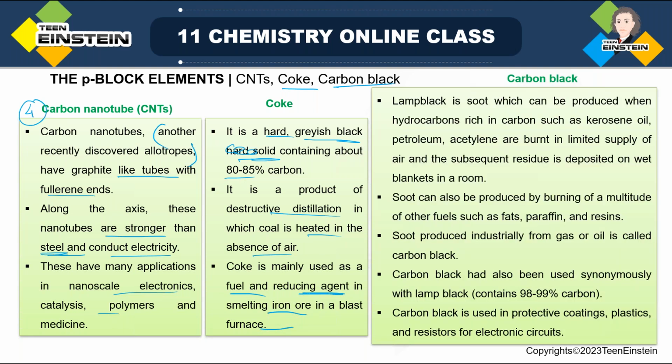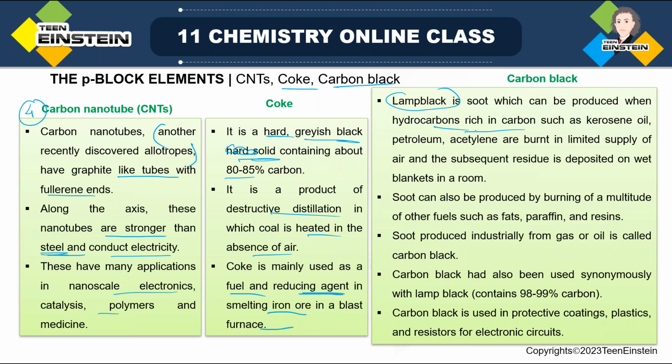Then carbon black, which is also another amorphous form. Carbon black is also called lamp black. It is basically the soot that can be produced, a black powder-like appearance. It can be produced when a hydrocarbon rich in carbon is burned, because there may be different types of hydrocarbons. Sometimes it is rich in carbon, sometimes it is rich in hydrogen.